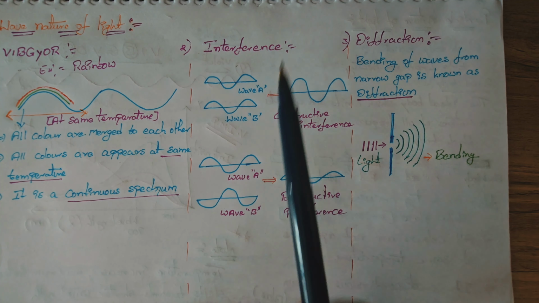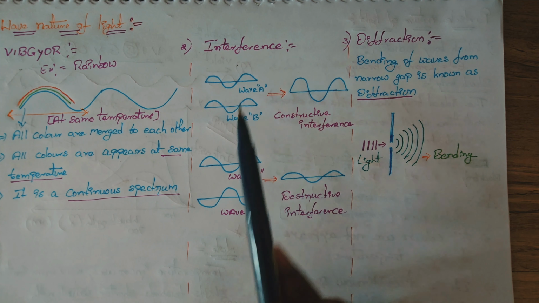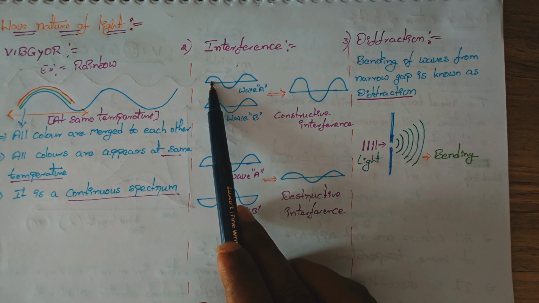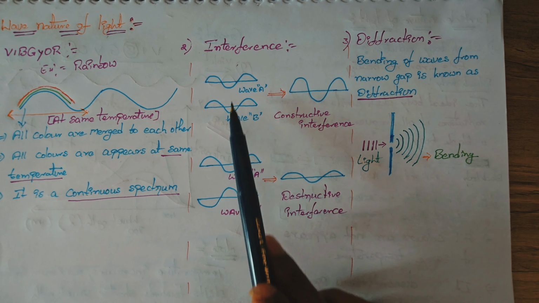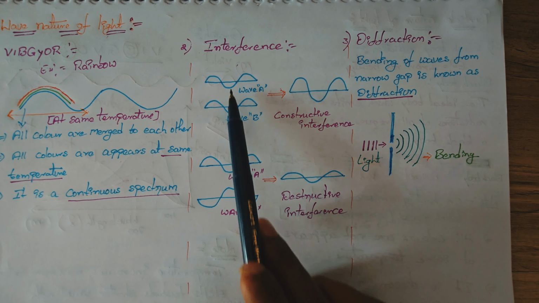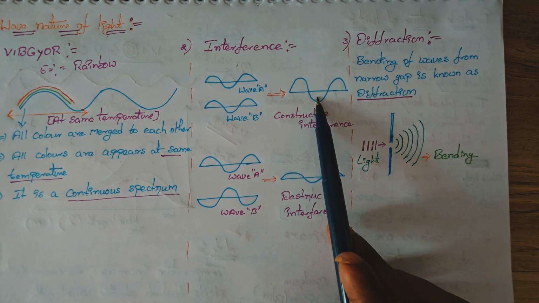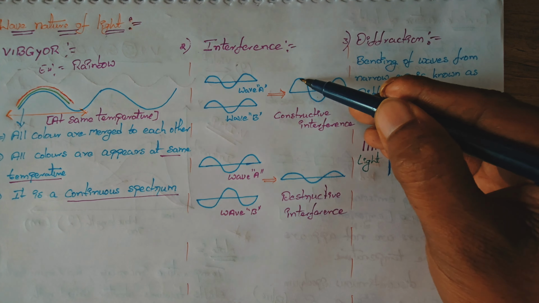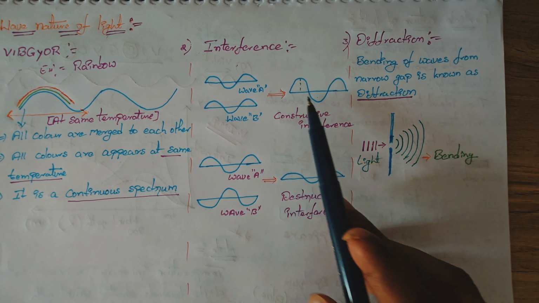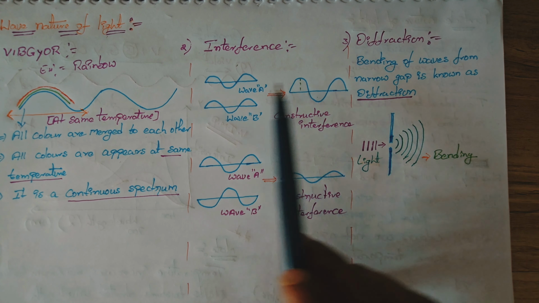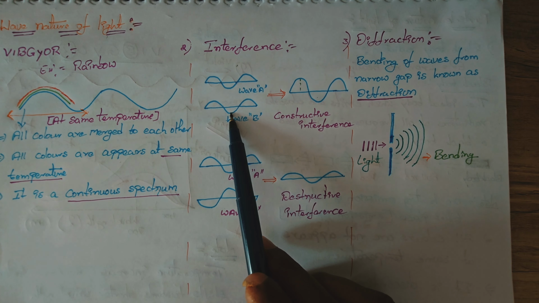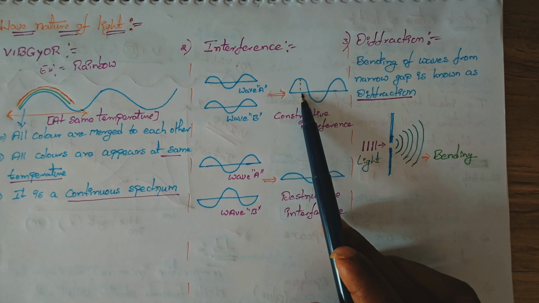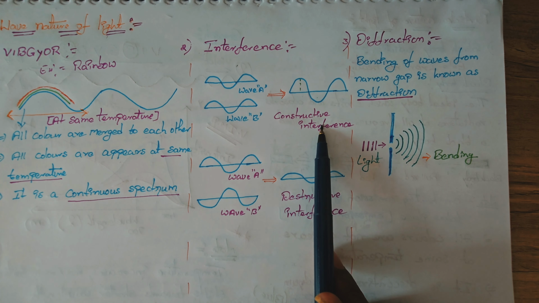What is interference? For example, two waves are present, both of the same nature. This is wave A, this is wave B. Both look the same and are merging into each other. What happens to the resulting wave amplitude, the intensity? If the two waves match each other, the resulting wave amplitude increases. That is constructive interference.